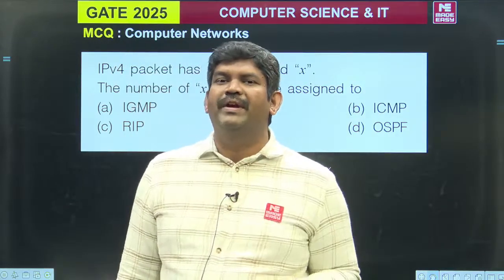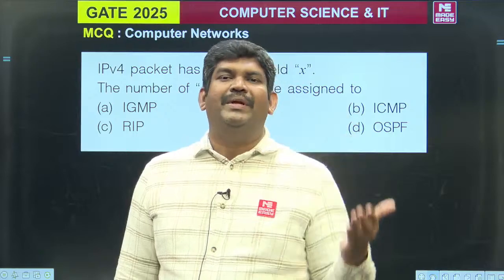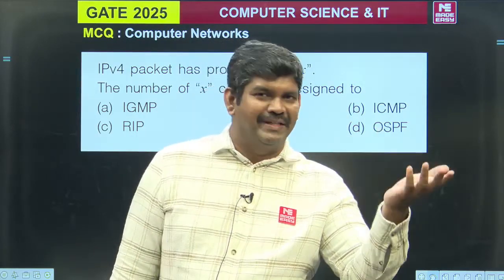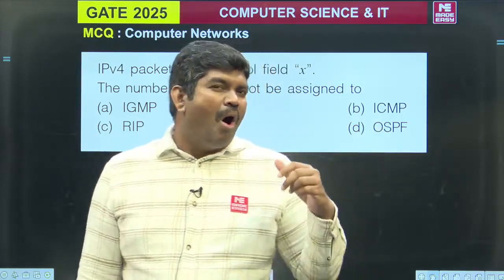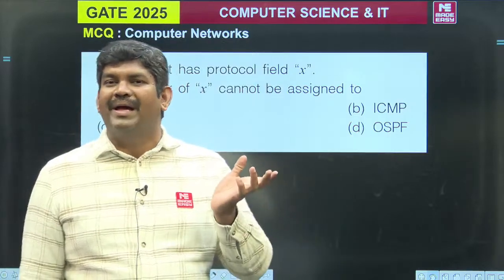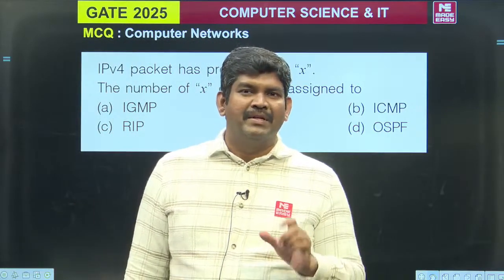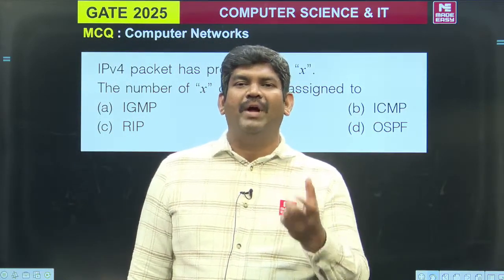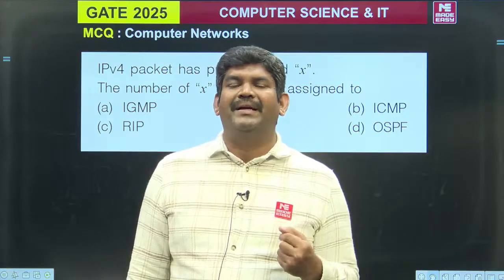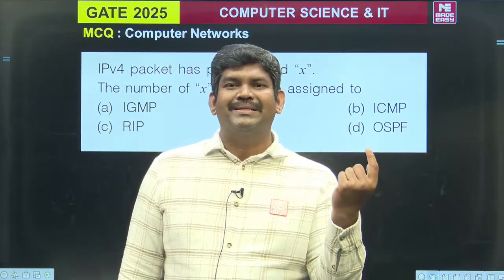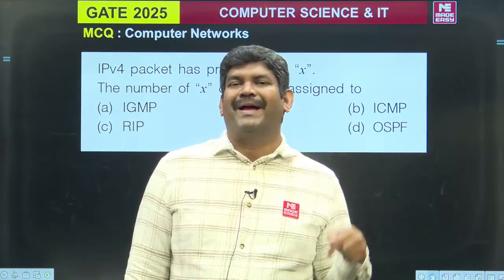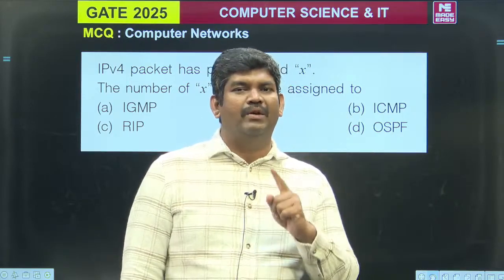This protocol field will tell you that above the network layer, in the transport layer, you are using TCP or UDP or the OSPF protocol or the IGMP protocol, like that. So this protocol field tells you what type of packet it is. For example, when you are sending an ICMP packet, because a packet is dropped, the protocol field value will be 1.